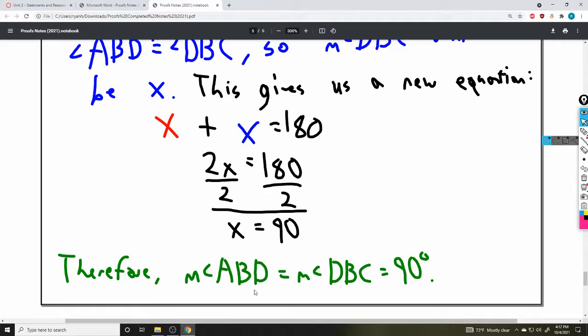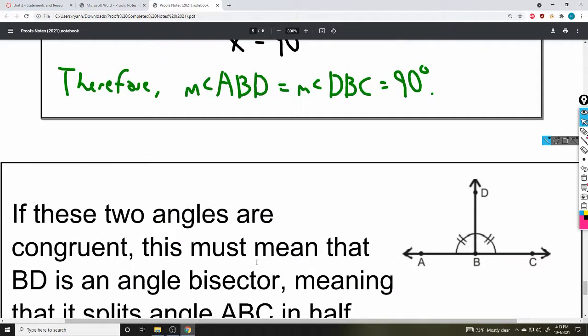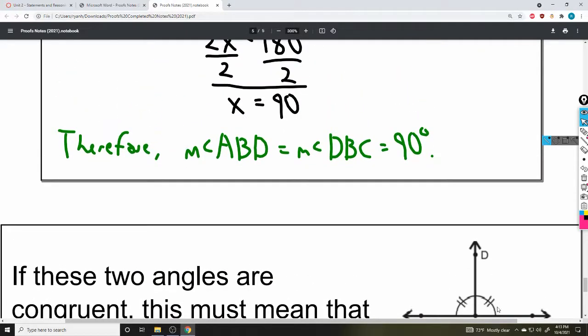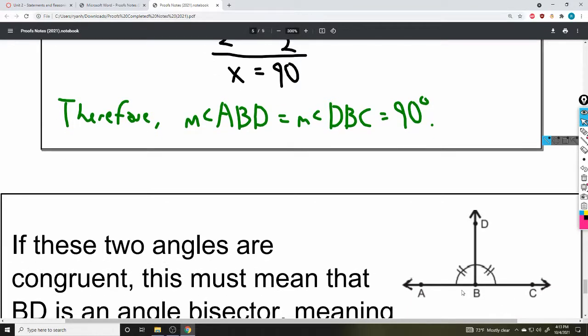Now, one more way I'm going to show to explain this, just so that you see a couple different ways I can explain it. I like this one because it's completely different. These ones relied on the fact that we have a linear pair and use them adding to 180 to talk about that. However, I can go a completely different approach. I can say, well, hang on a second. Here are two angles.